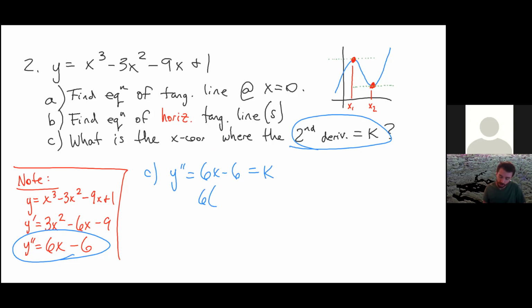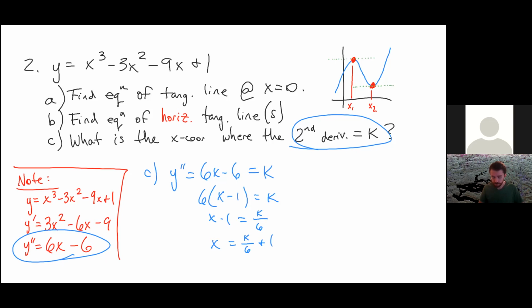Why not? And I would be left with x minus 1 in parentheses. That's equal to k. Divide by 6, and then just adding 1 to both sides. So k over 6 plus 1. And yeah, that's the x coordinate where that happens.